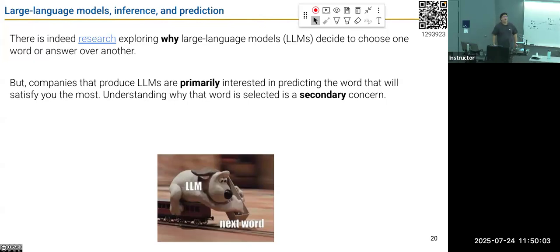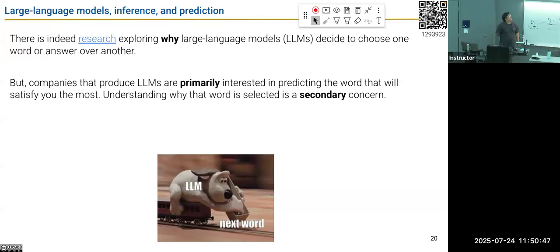So in doing so, you're trying to predict the next word that satisfies you as much as it can. By satisfy, I mean there are certain criteria on these next words that you can evaluate it on. This is way beyond the scope of this class. But understanding why that word is selected is more of a secondary concern. You have to have it read like a person first before you explain your word choice.